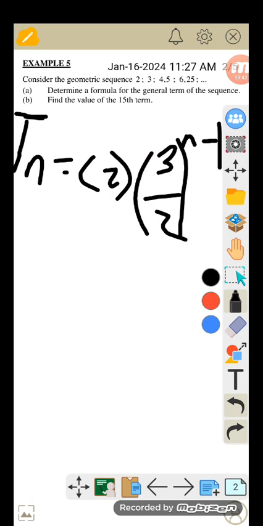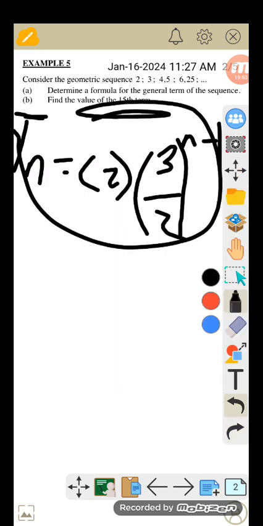This is my equation or general formula for this sequence. So if they ask me to find the 15th term, where I see n, I'm going to put 15, because the term is in position number 15.